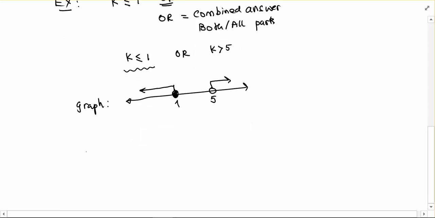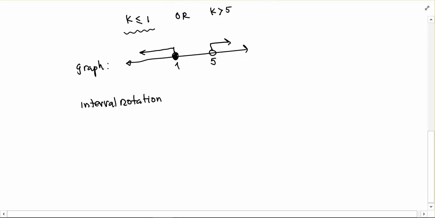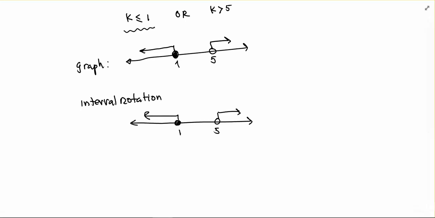What would the interval notation look like? Well, the interval notation, let me draw the picture again so I can label it clearly. So here is my picture. And as I said, you get the interval notation quite easily from the picture. So I like to always graph it to get the interval notation.